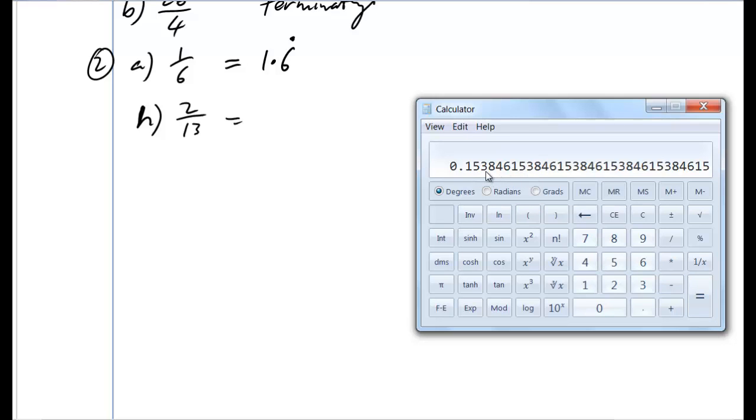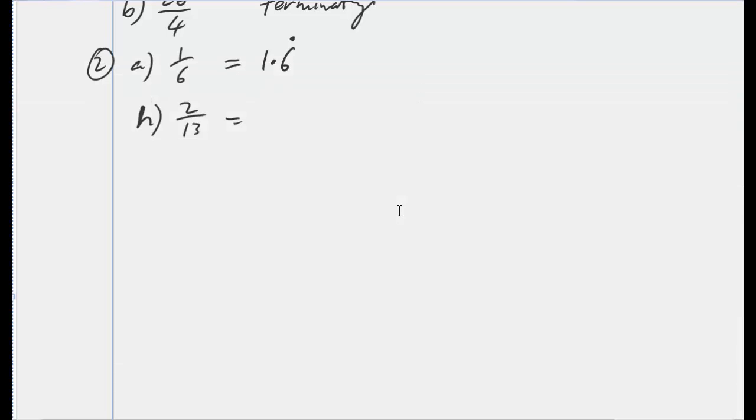So 153846 is repeated. So it's 0.153846, recurring. So you put a dot above the first number and the last number of the set of numbers that's recurring. Okay, I'll do one more.